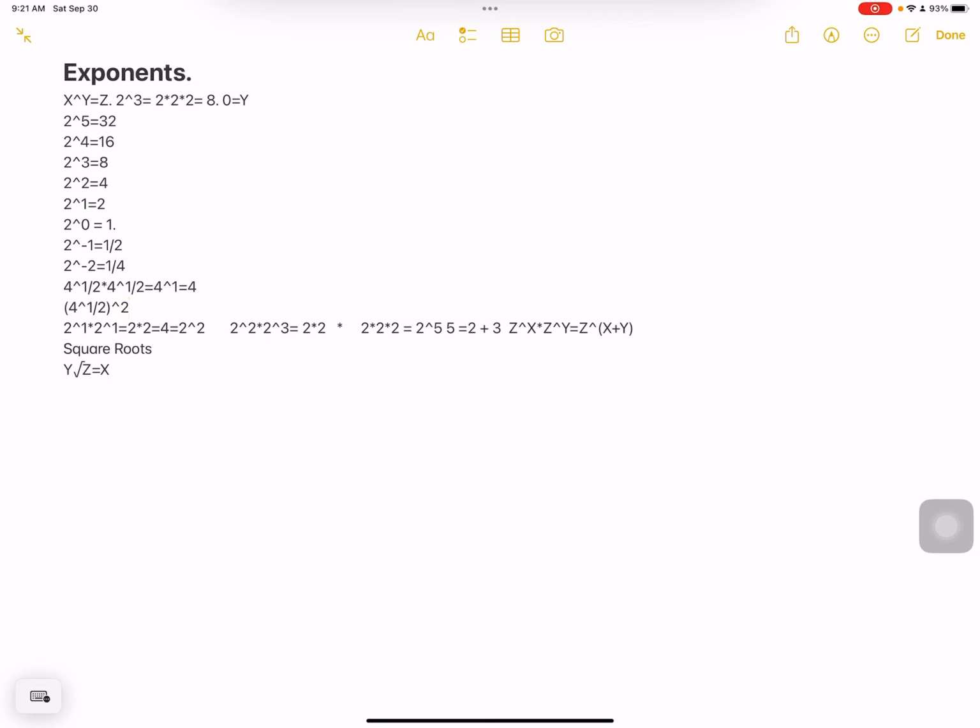Now, you're trying to find what 4 to the power 1/2 is, which is the base. What we're trying to find in a square root is the base. So in this scenario, we know our exponent, 2, and then our answer should be 4.